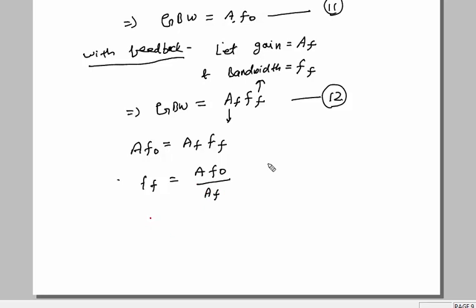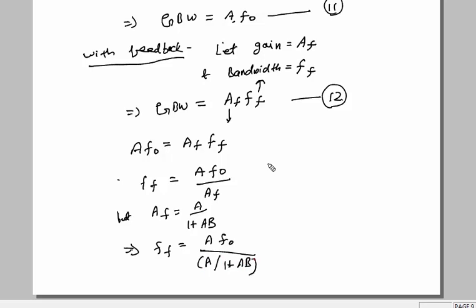In this case we know that AF equals A upon 1 plus AB. So FF will be A F naught divided by A by 1 plus AB. A and A will cancel and 1 plus AB will go up.